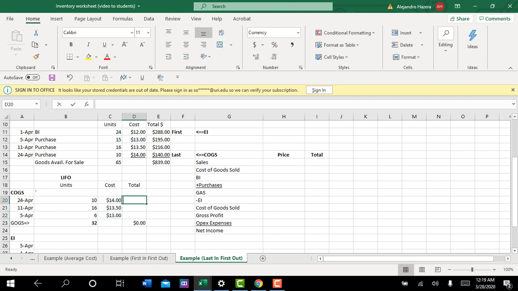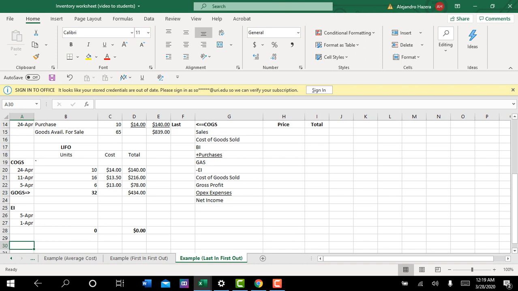And your cost of goods sold in this case came to 32 units you sold, and your cost of goods sold is $434 here. Okay, and so last in, first out, last in, first sold is the best way to look at this.